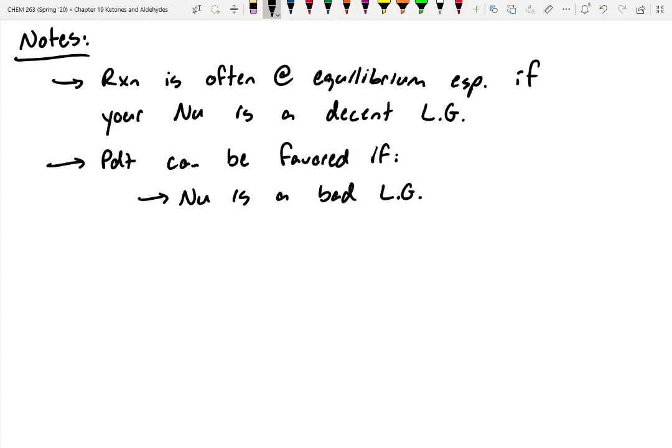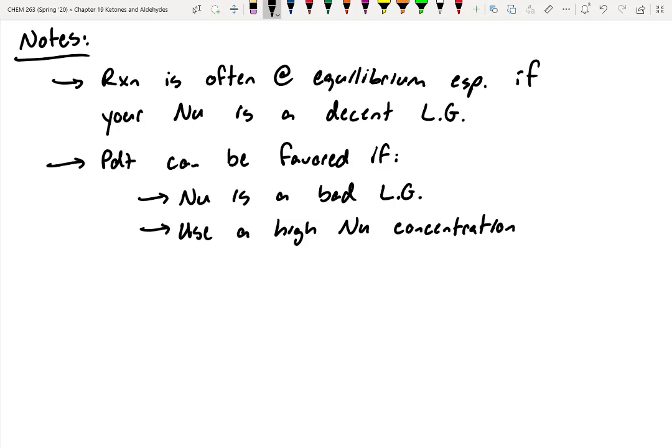So that's one way we could just push it completely to one direction, meaning the product side. The other one is just by forcing it, right? So you could use a high nucleophile concentration. Basically meaning just flood the reaction with so much nucleophile that you're going to push the equilibrium to the opposite side using Le Chatelier's principle.